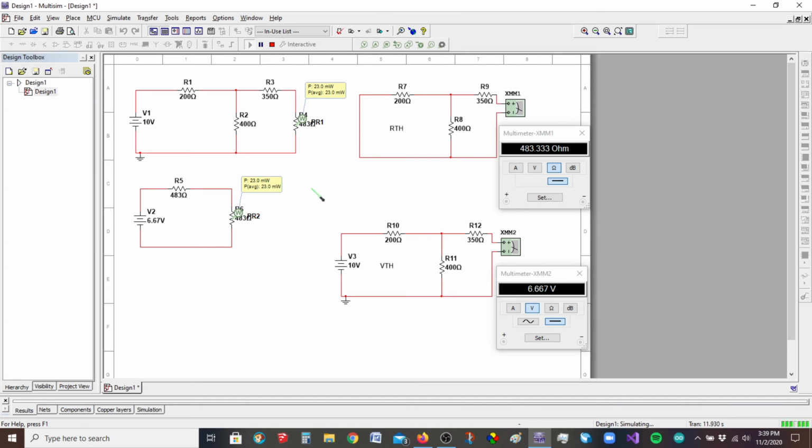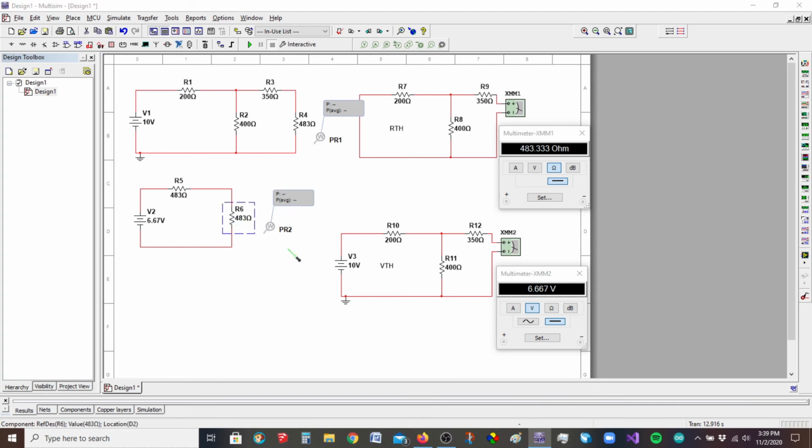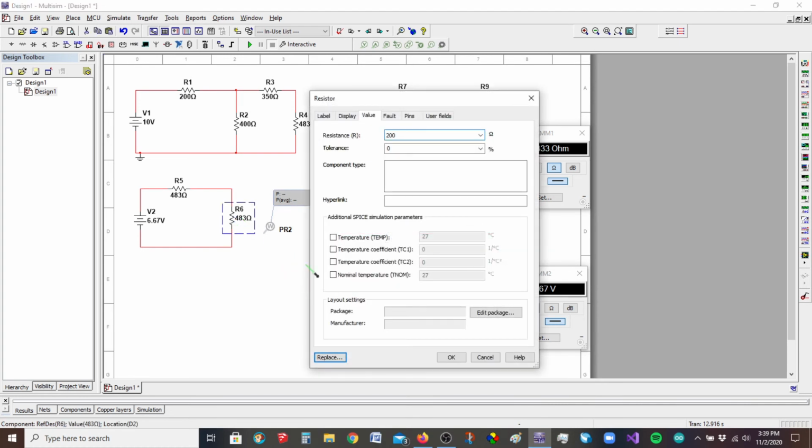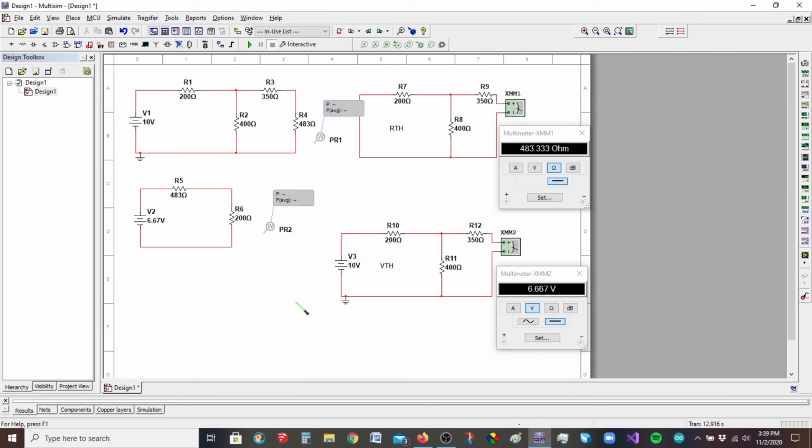Okay? So here's what I'm going to do. I'm going to stop this, and I'm going to move these out of the way. And I'm going to show you what happens when we drop this. I'm going to change this down to 200 ohms. So this gets us close to that situation I talked about where we get towards a short, because we want to make the current increase.